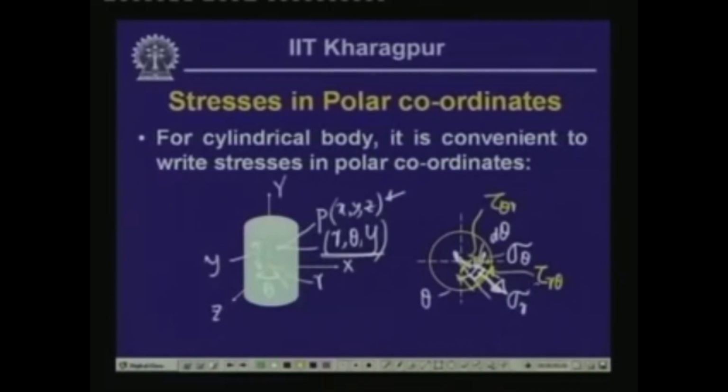Eventually, tau theta r is equal to tau r theta, as we have seen in the previous lesson. So, we define the state of stress at a point on this body as sigma r, the radial stress, sigma theta, the tangential stress, and tau r theta, the shearing stress.